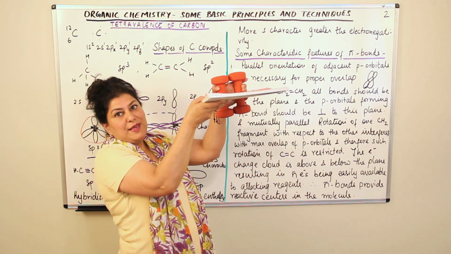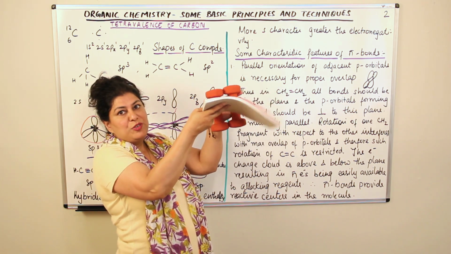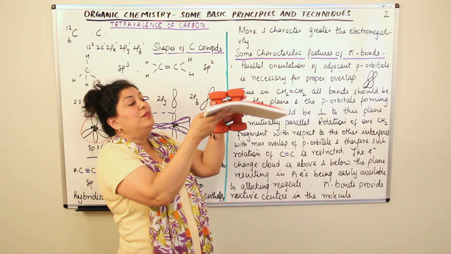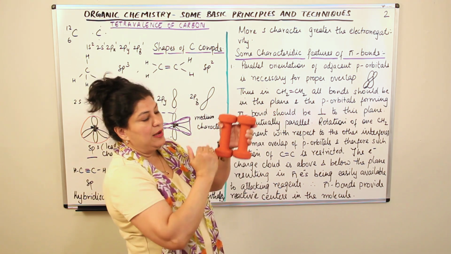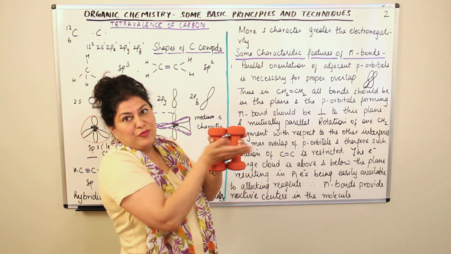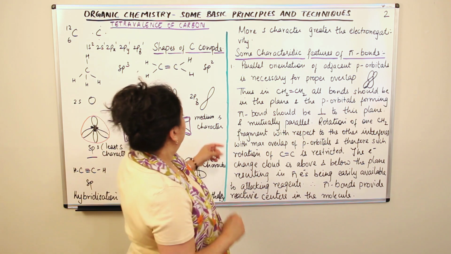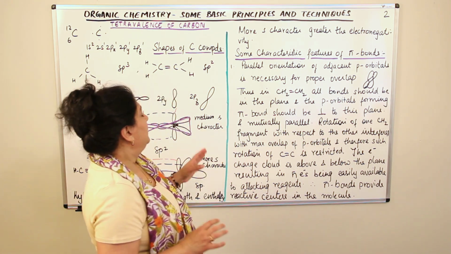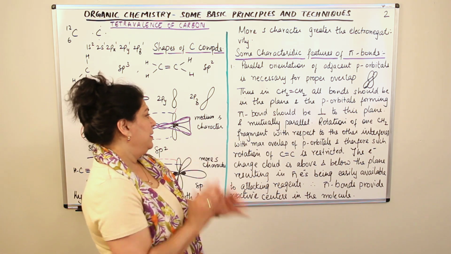Half of the lobe is above the plane, and the lower lobes are below the plane, and you have these two electron clouds above and below the plane of the molecule. So the pi bond should be perpendicular to this plane, and they should be mutually parallel.